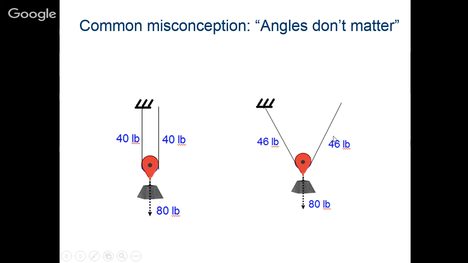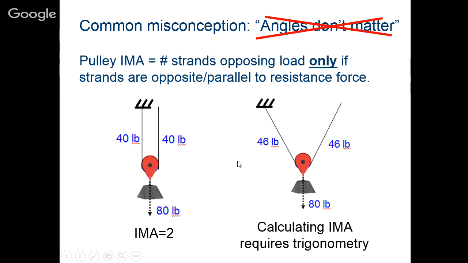So you're going to get a less efficient simple machine here than you would if you were measuring these straight up and down. So do not stretch those lines out at all, especially when we're measuring. You need to make sure that you're holding those straight up and down to the force of our load. Okay, angles do matter.